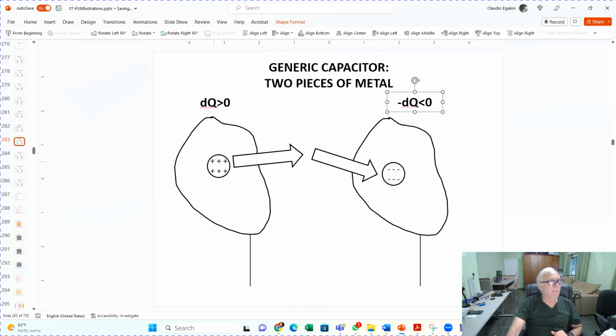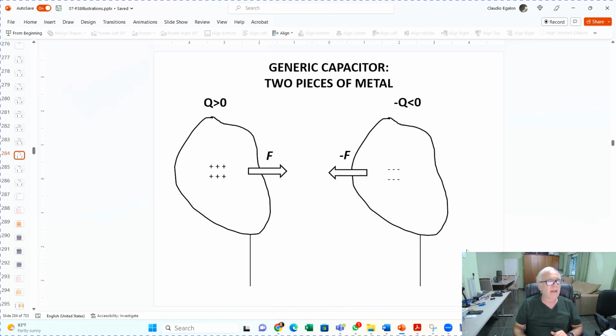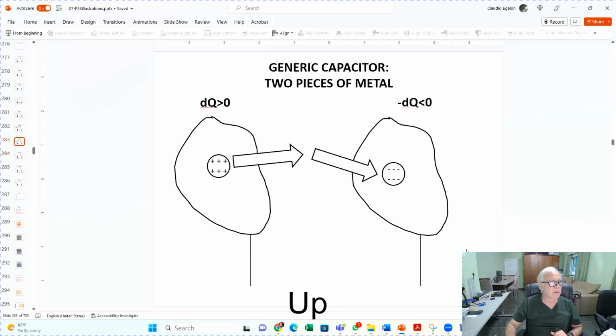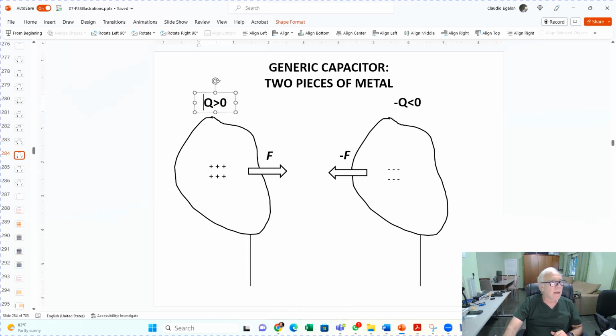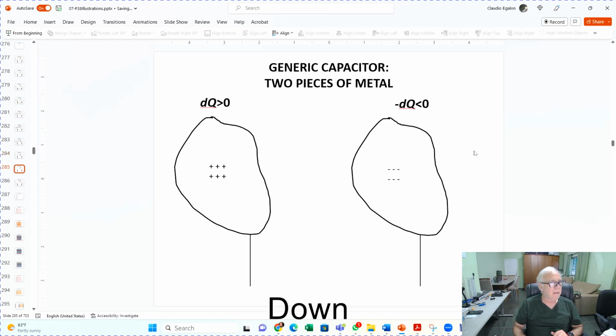Now I have a metal that's positively charged and another metal that's negatively charged. Because there is now an electric charge in both of those metals, we end up having not only an electrostatic force, but also an electric potential difference between them.